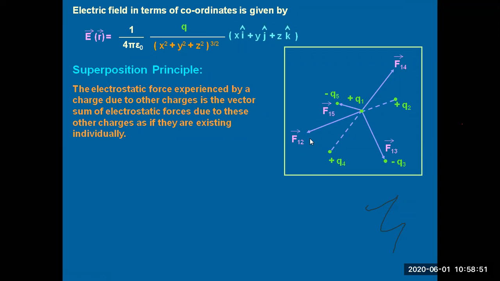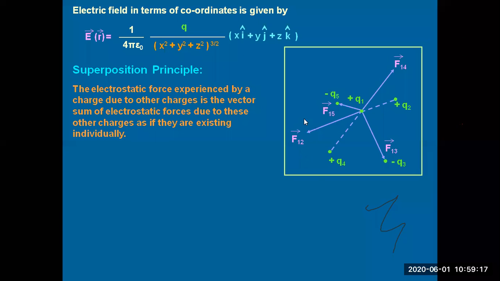Now what is this F12? It is a force due to the charge Q1 and charge Q2. F15 means due to Q1 and Q5. If you take this F13, it will be due to the charge Q1 and Q3. Like that, whatever number you write here, if it is 1, 2, it is due to the charge Q1 and Q2.